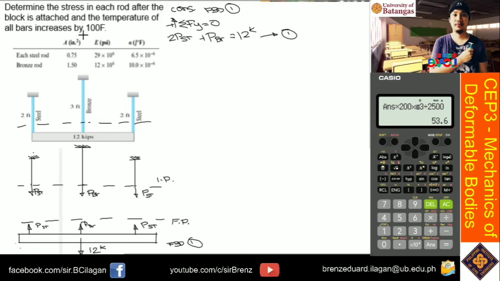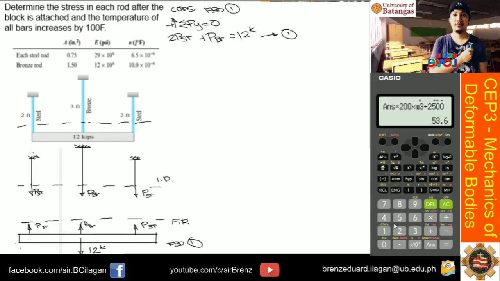So because of the increase in temperature, i-check natin guys kung sino yung unang maaapektuhan, kung aling material dito sa dalawa, steel and bronze, yung magi-increase in size kapag na-apply yung 100 degrees Fahrenheit. So i-check lang natin para lang tama do sa proportion ng ating drawing. So let's just say yung 100 degrees Fahrenheit nga, di ba? So alpha.